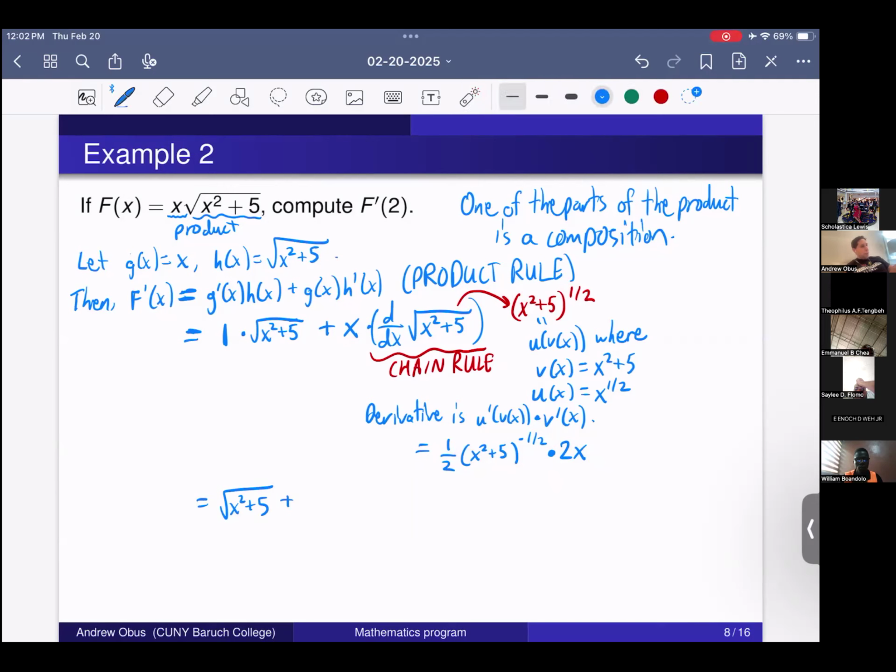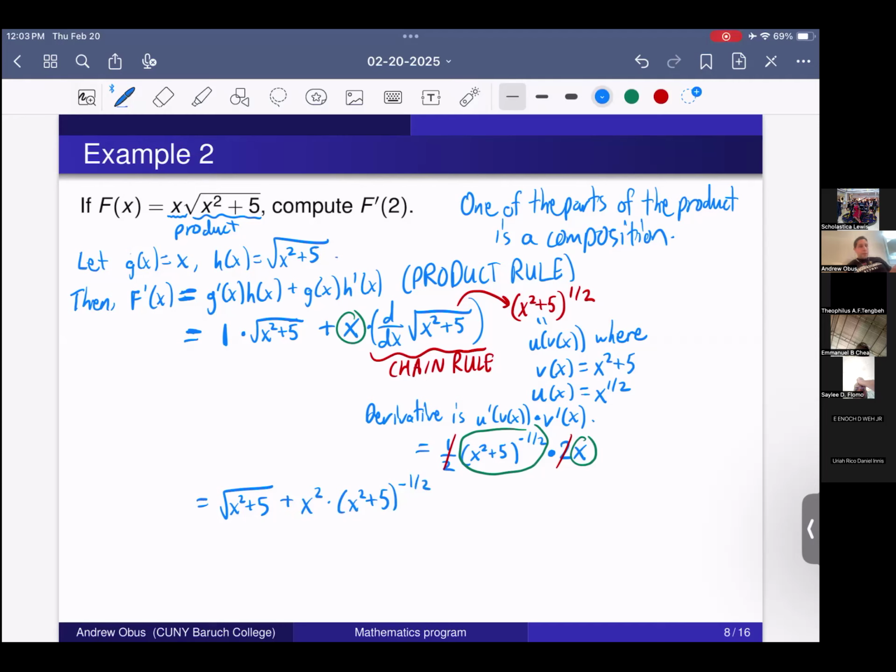Here we have a 1/2 and a 2, so we can cancel those out. What we're left with is x squared plus 5 to the negative 1/2, and then another x. So we could write that as x squared times x squared plus 5 to the negative 1/2. Okay?